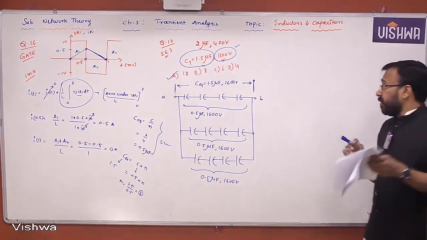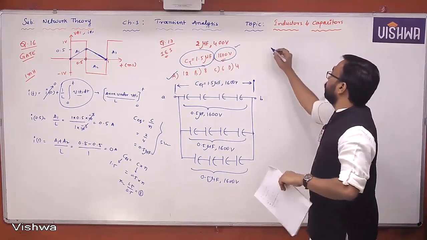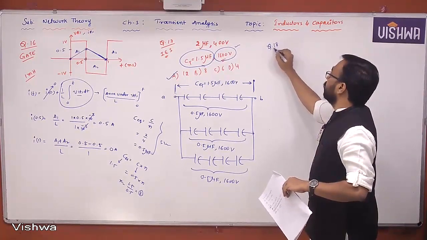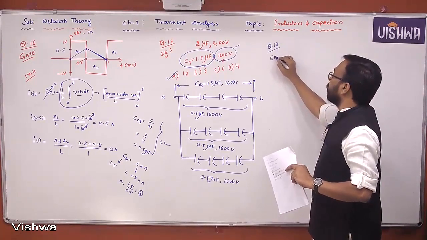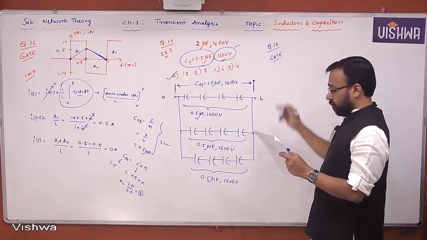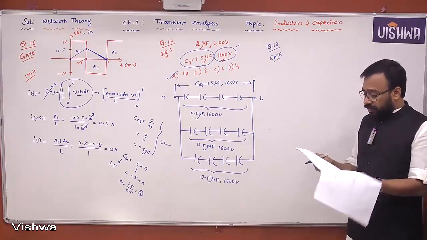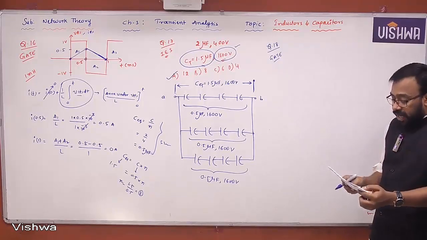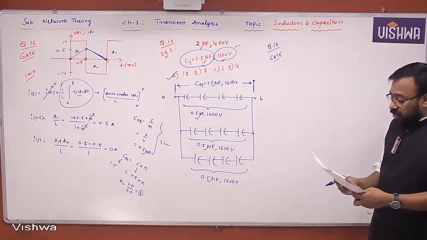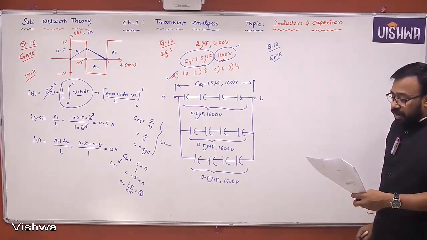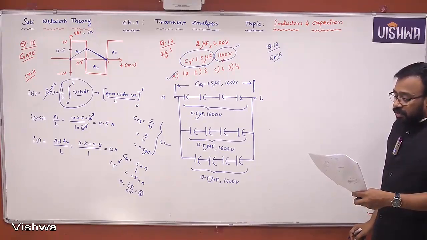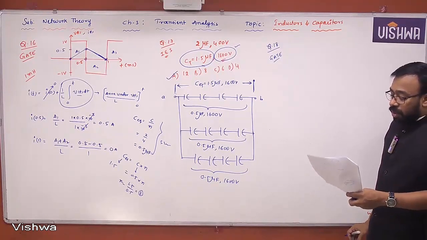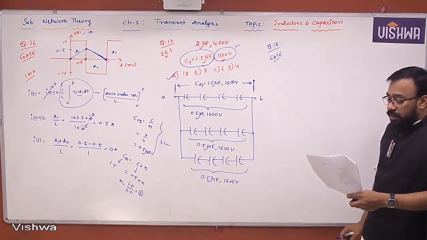There's another interesting question. Question number 18. It was asked in GATE. Very interesting question it is. Read that question, all of you. 3 capacitors C1, C2, C3, whose values are 10 microfarad, 5 microfarad and 2 microfarad respectively, have breakdown voltages of 10 volts, 5 volts and 2 volts respectively.